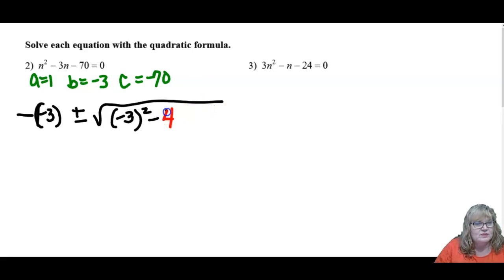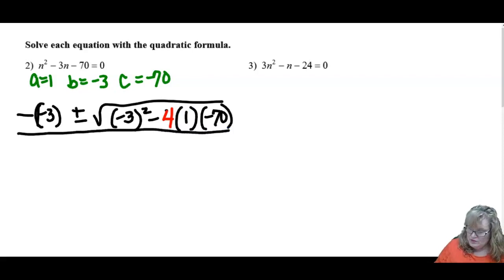It's the only one we don't put something in for. Well, there's a 2 in the denominator too, so not the only one. 4 times a times c, all over 2, which again came with the formula, times a, which is 1. All of this is what x equals.